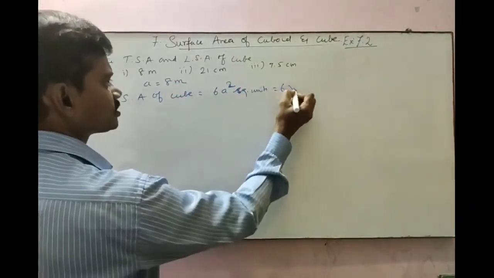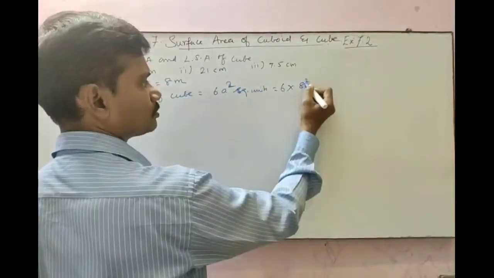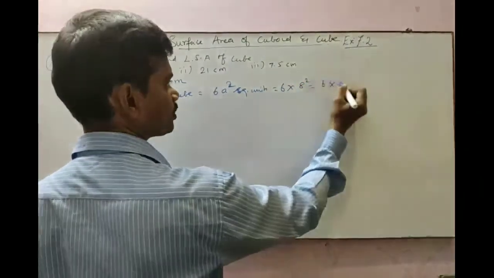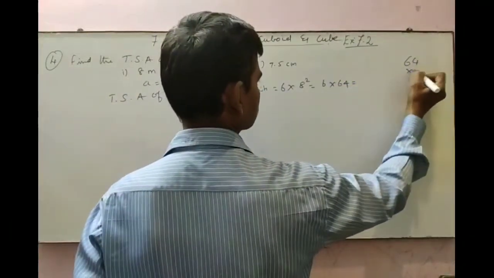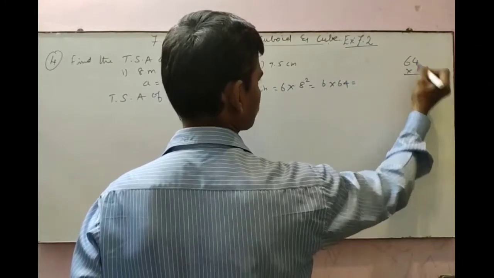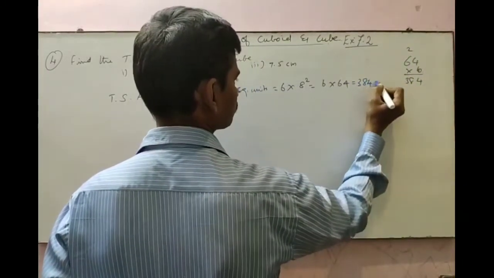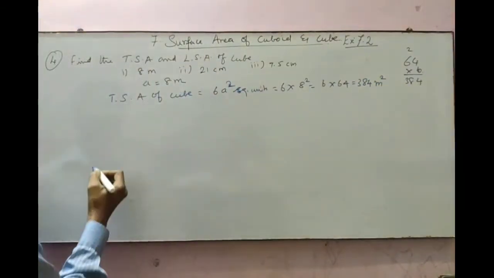So it is 6 into A square, that is 8 square. First you have to square and then multiply with 6. 8 square gives 64. If you multiply 64 with 6, you get 384 meter square. So that is the TSA.